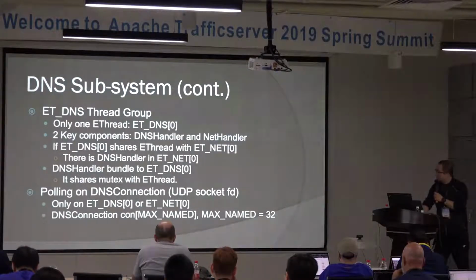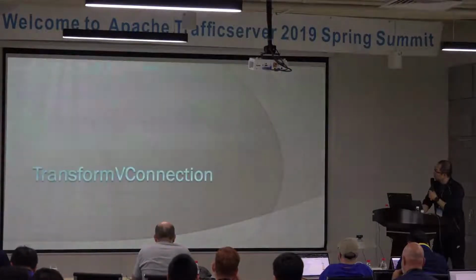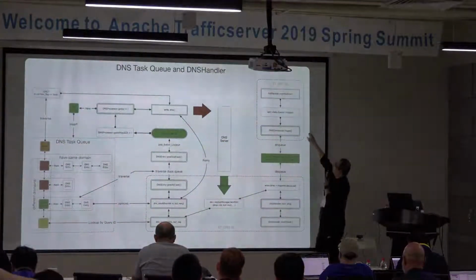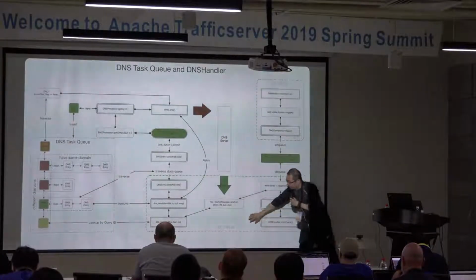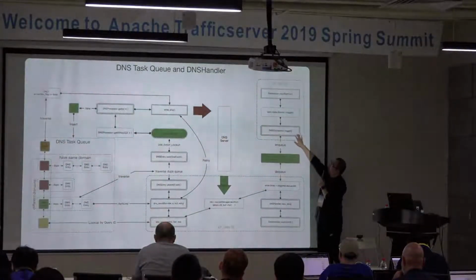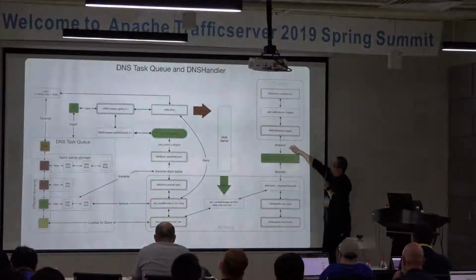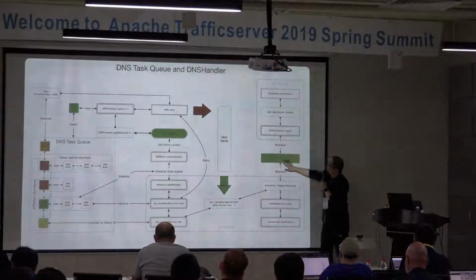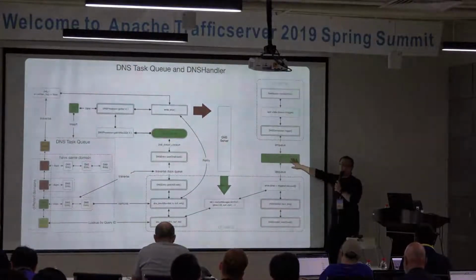I remember. So this one, okay. This is ETDNS0 and this is ETDNS0. The trigger call enqueues the DNS connection into a trigger queue.